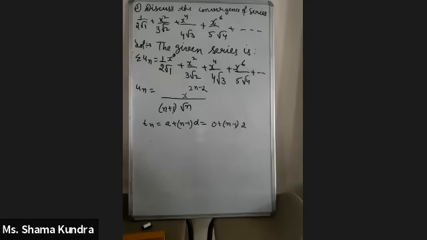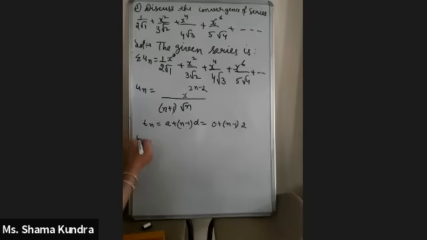For the n plus 1th term, replace n by n plus 1. For now we have to write the n plus 1th term. In powers of x, we have a difference of 2, so we can add 2 in the powers of x.